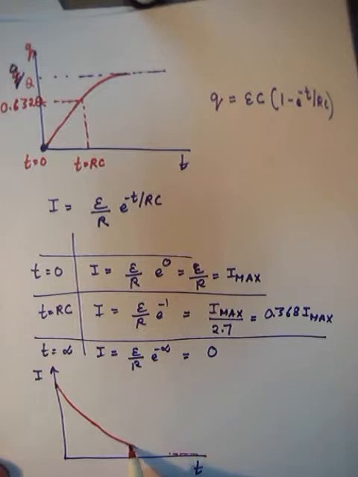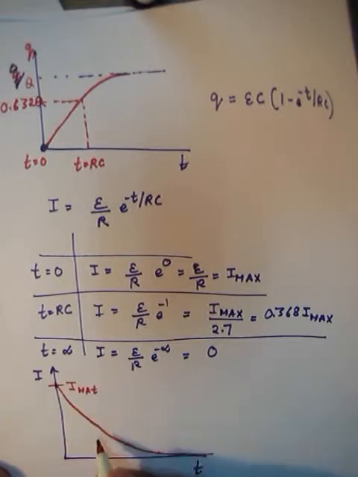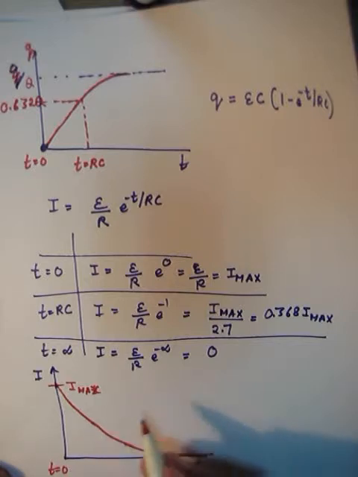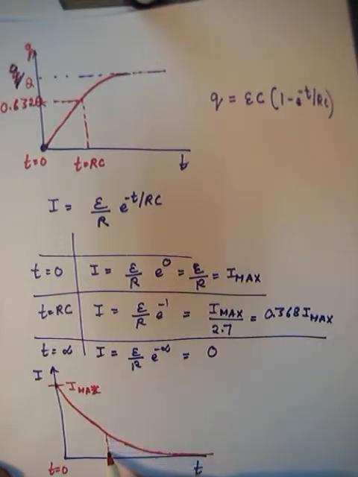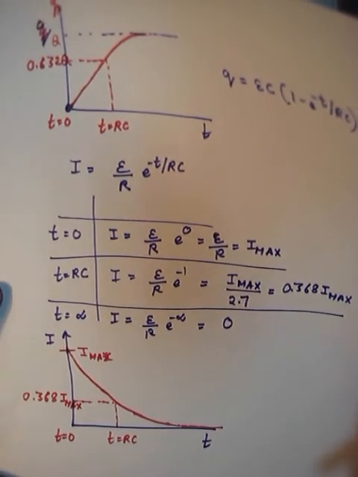Okay, it's an exponential graph, so it will decrease exponentially. So this is some maximum value of current at time 0, and at time RC current will be 0.368 of I maximum. Okay, this is how the current will look.